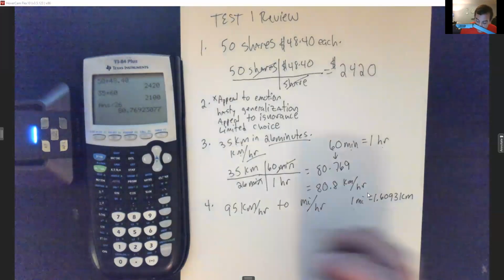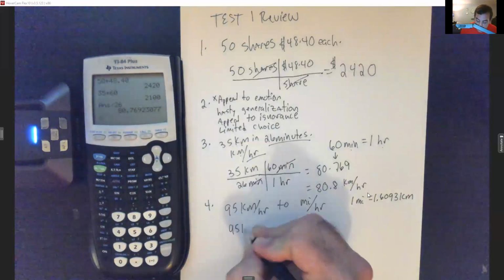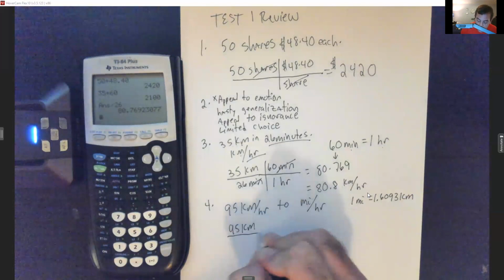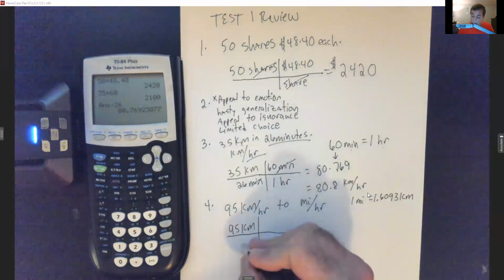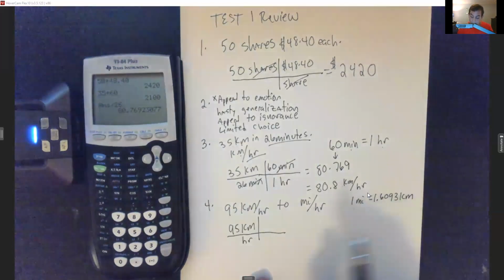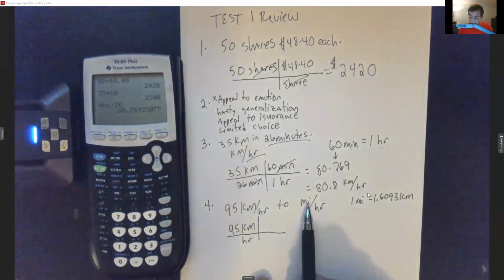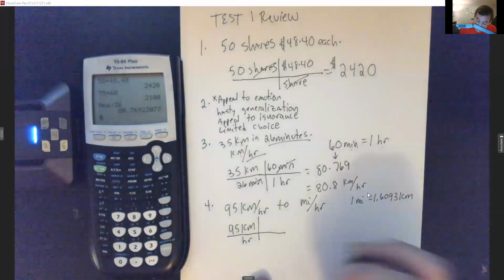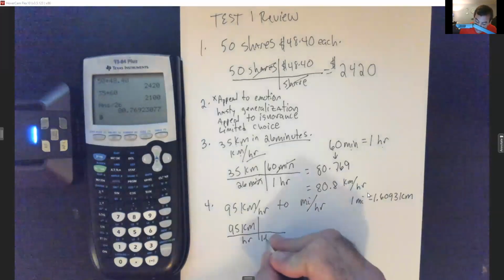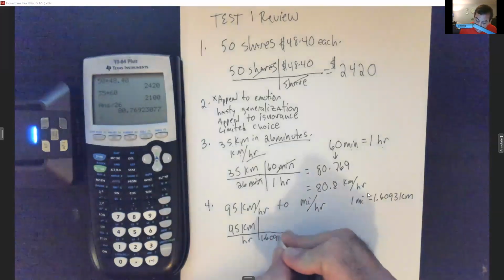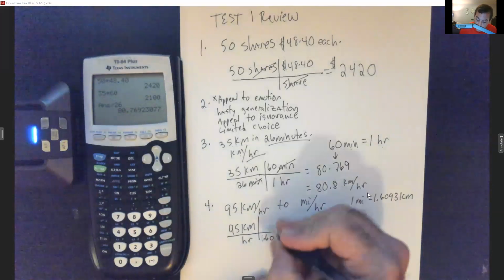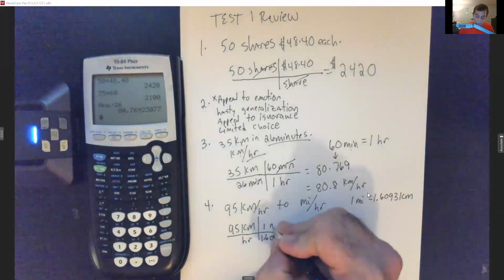Okay, so watch this. We start with 95 kilometers per hour. So we need to change from kilometers to miles per hour. So we're going to use this conversion. And right here it says 1.6093 kilometers equals 1 mile.